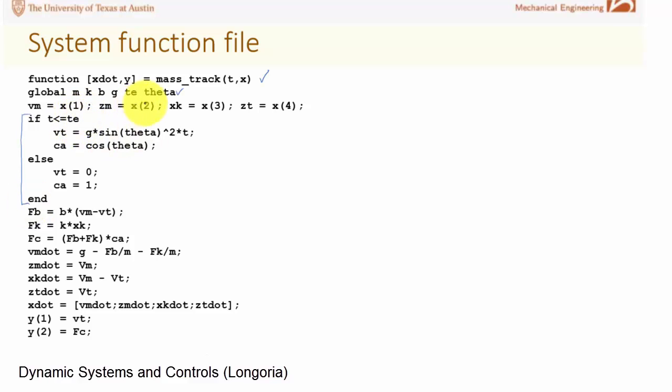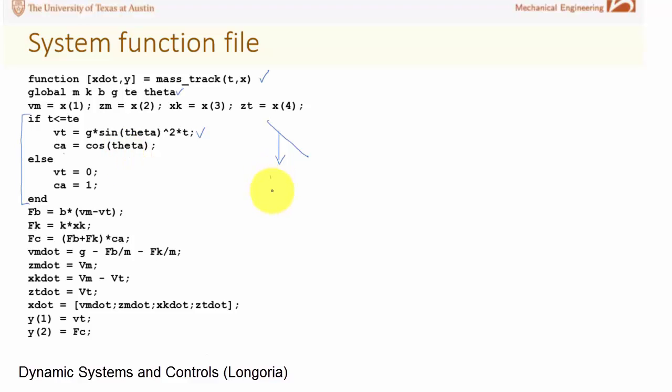Here is the first conditional based on T sub E, and T sub E will need to be determined prior to coming into here in the simulation file. Well, if I know that I am at a time less than T sub E, then I can calculate the velocity based on, right, the vertical acceleration on the incline, as we found initially. And also the contact angle, which I'm calling CA, is cosine theta.